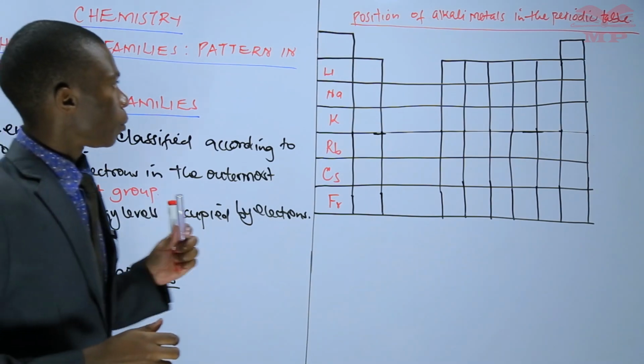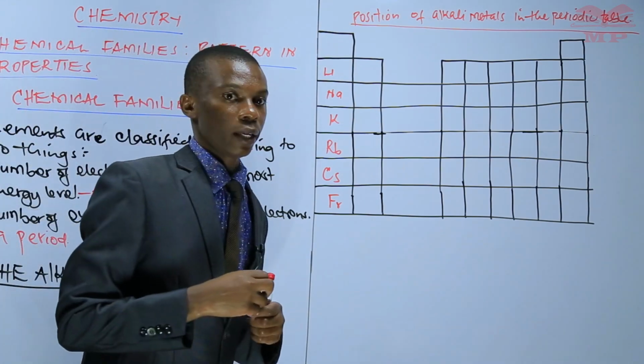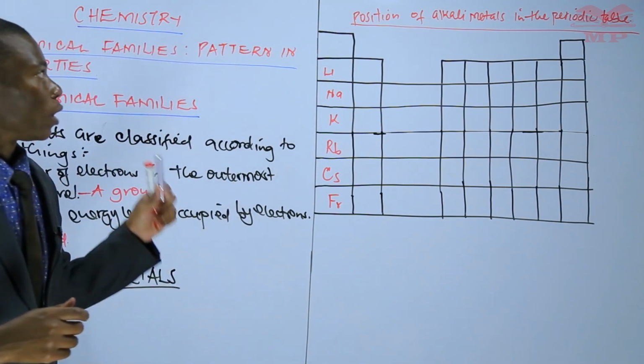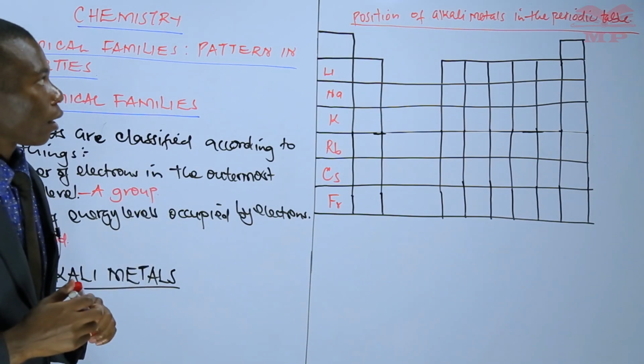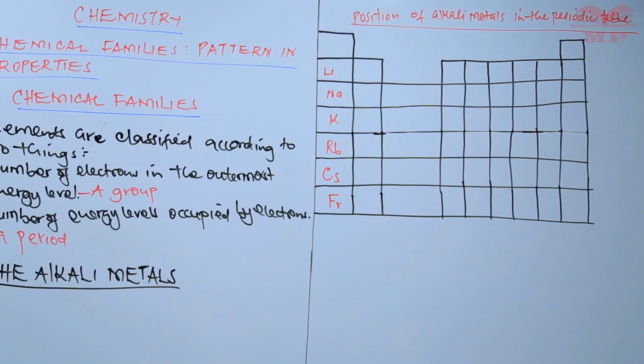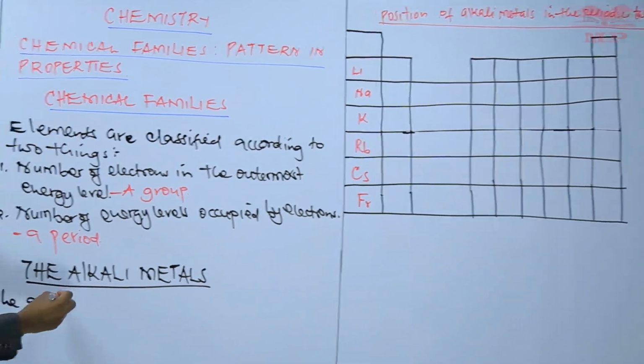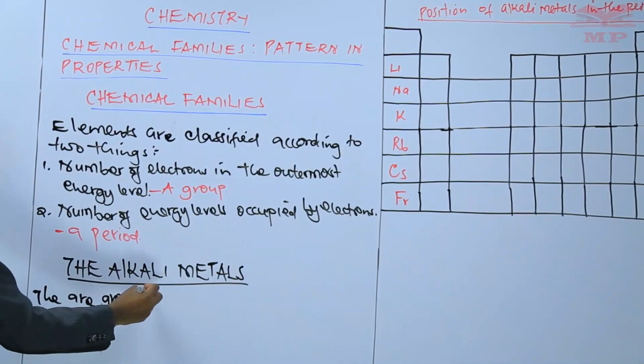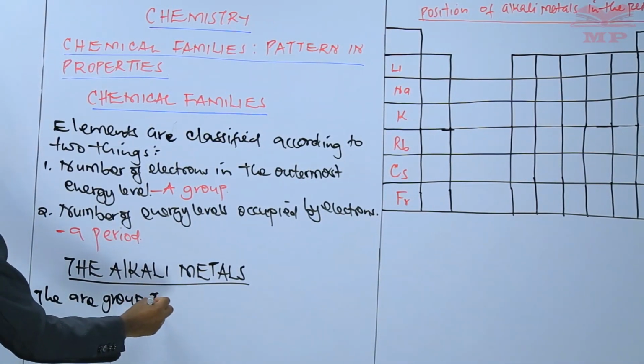So that periodic table is showing us the position of the alkali metals. I need to say first that these are group 1 elements.